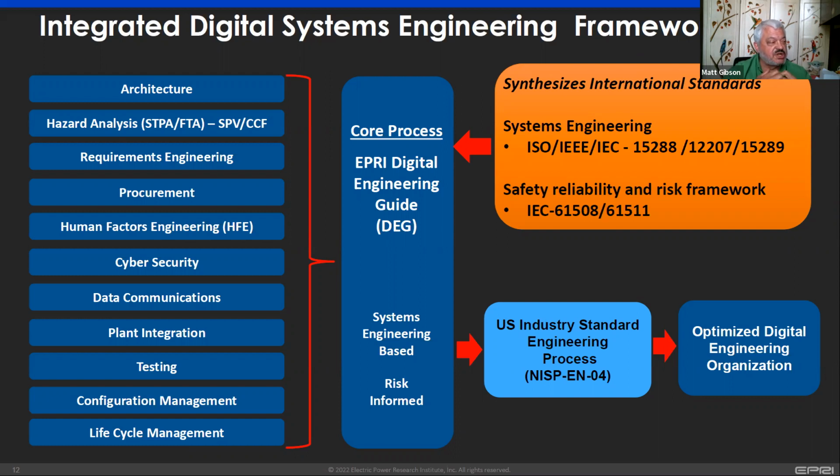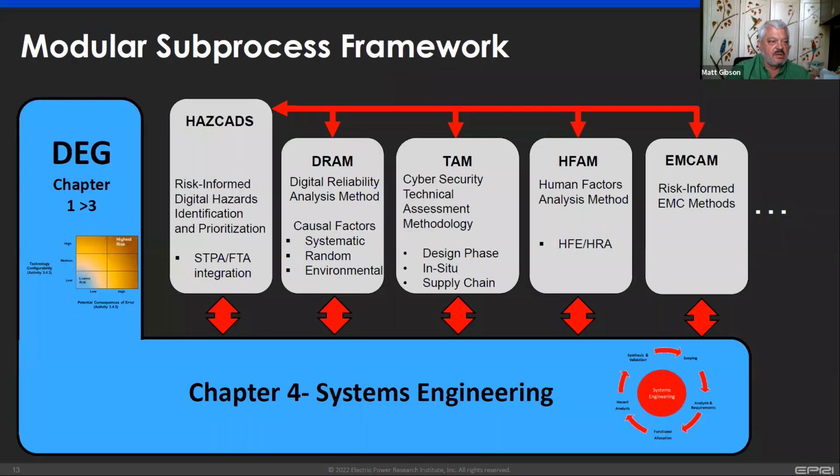They've created a procedure, NISP-EN-04, which U.S. utilities use today or are using. They're in the middle of their implementation right now, transitioning to use the DEG to do digital design under the standard design process. There's also an element of an optimized digital engineering organization. We can chat about that if anybody's interested. That's also an attachment to the DEG that explains our benchmarking and other industry observations.